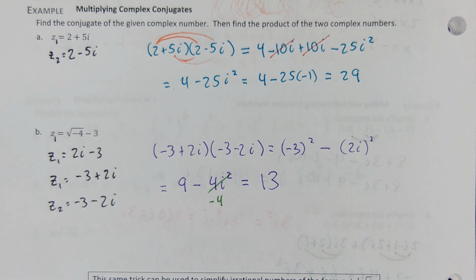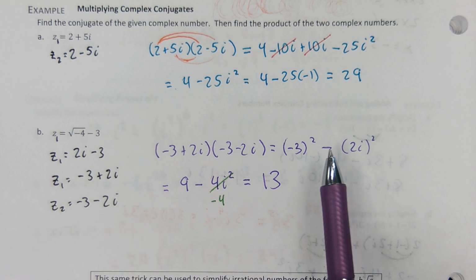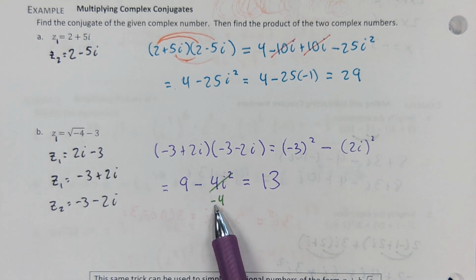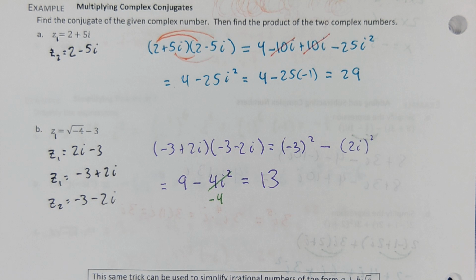One more time. When you multiply complex conjugates, you will always get a real result. I squared the negative 3, I squared the 2i, I put a minus sign in between. I had 9 minus negative 4 equals 13, because 4i squared is negative 4, because i squared is negative 1.